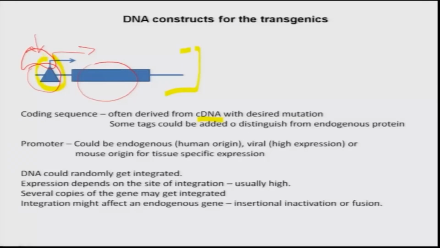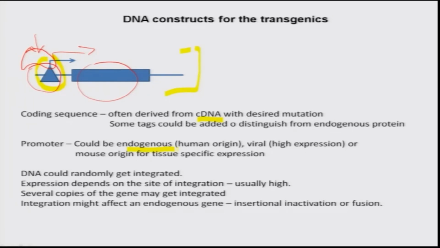So what people do is they take the cDNA, which is the processed DNA, meaning it has all the exons joined together. So it has the coding sequence. You fuse it with a desired promoter and make a construct. So the cDNA would express, it will make the same protein that the endogenous gene would make, right? What are the promoters?